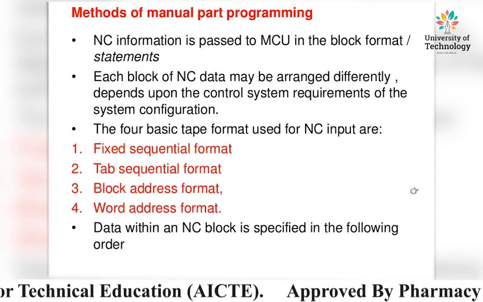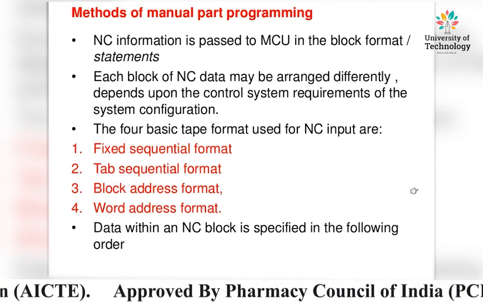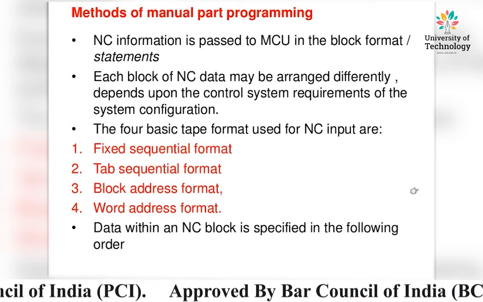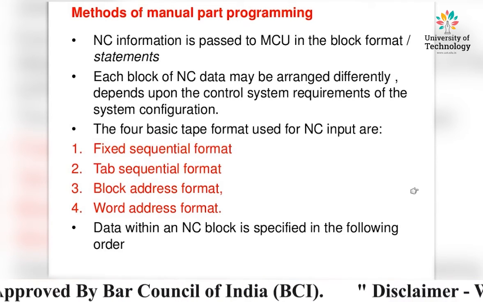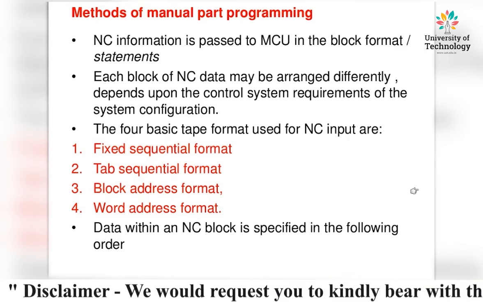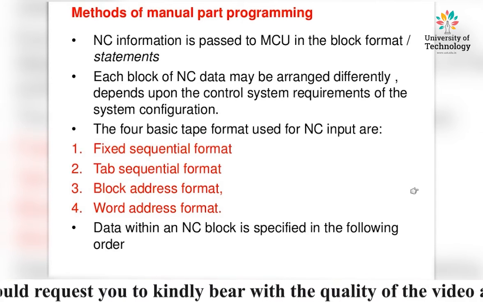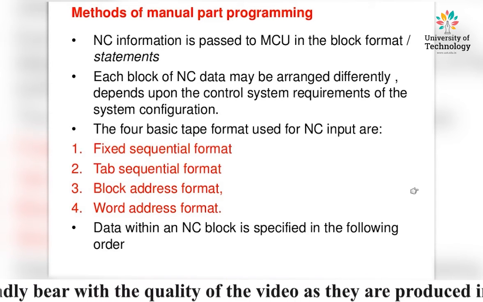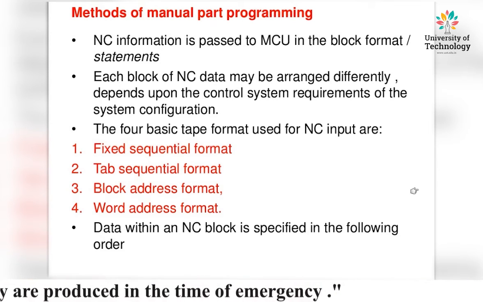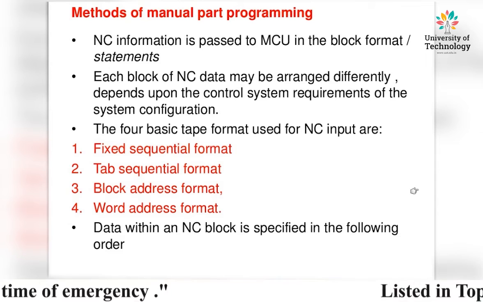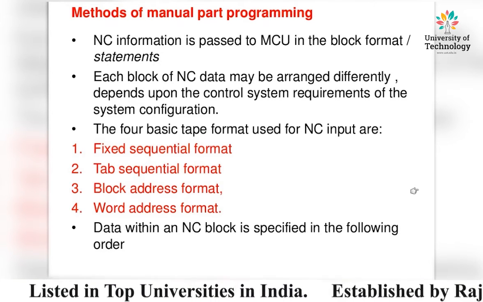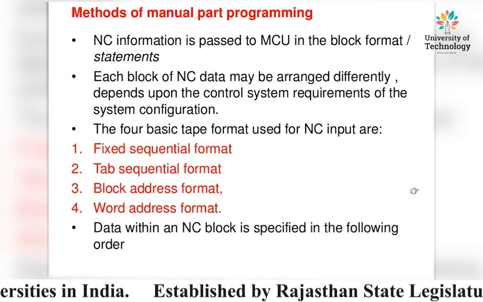The four basic formats used for NC inputs are the programming formats: fixed sequential format, tab sequential format, block address format, and word address format. The word address format is mostly used by programmers for writing part programs for NC systems. The data within an NC block is specified in the following order.